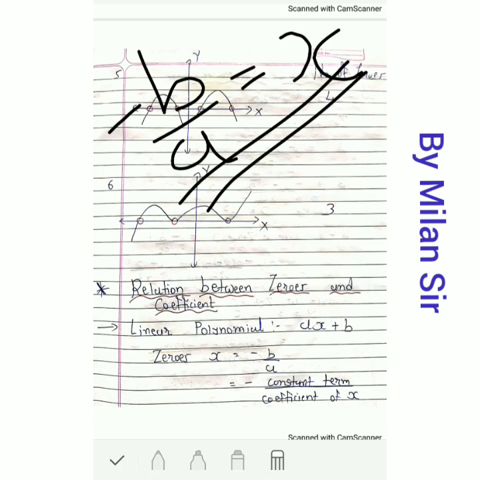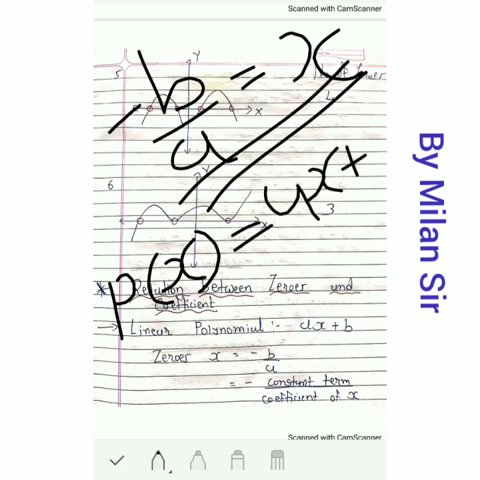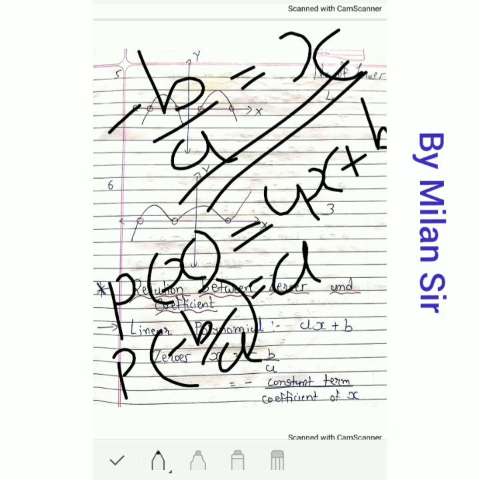Again, if you want to check, then in p of x, ax plus b, put this value. That means p in place of x, minus b by a. So here a multiplied by minus b by a plus b.